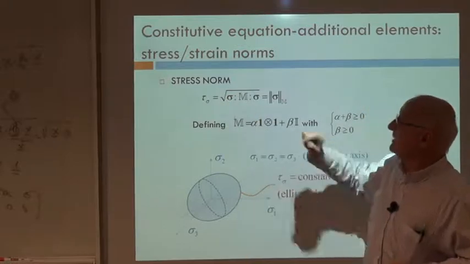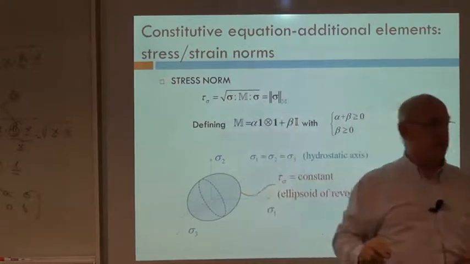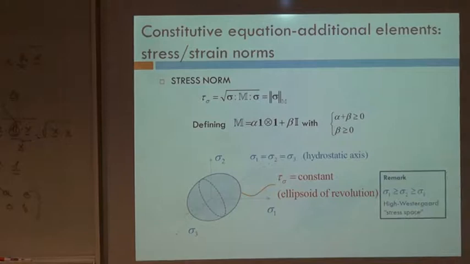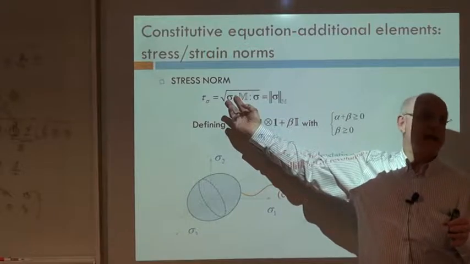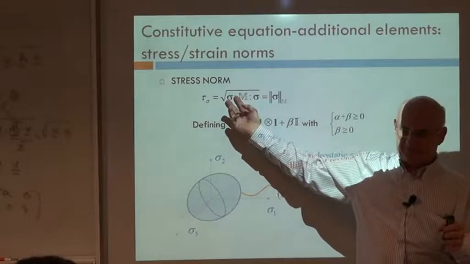But then we can see that any stress tensor can be diagonalized. Okay? And this diagonalization provides what we call the principal stresses and the principal directions. This can be done always, and these principal stresses are real whenever the second order tensor, which is a stress, is symmetric. Okay?